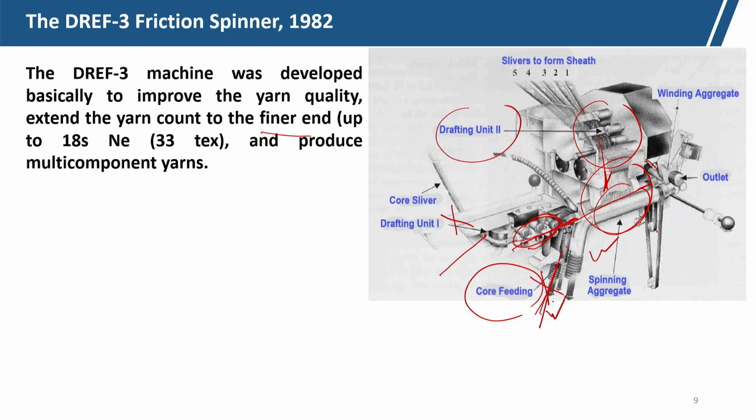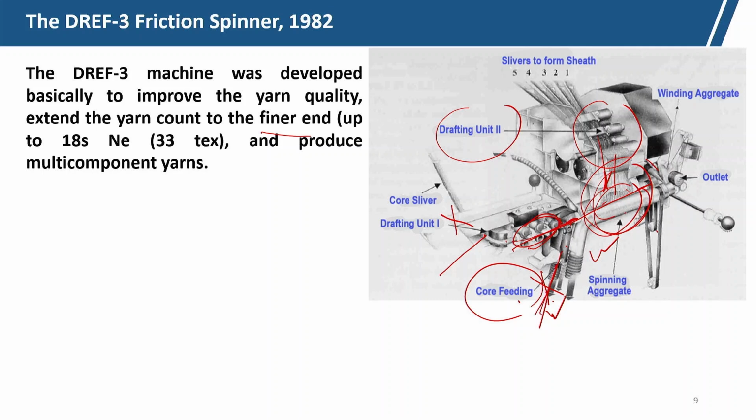And here is the spinning aggregate, where fibers are aggregated and mainly twisted. One thing we should remember here: in the core portion effectively there is no twist.